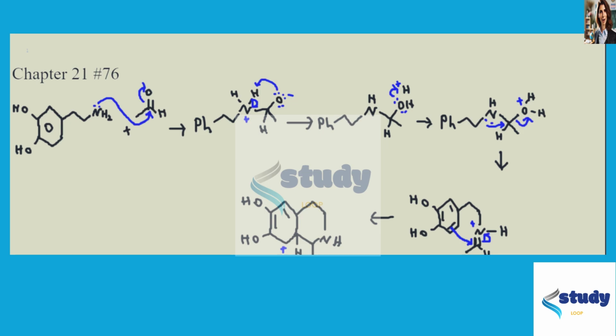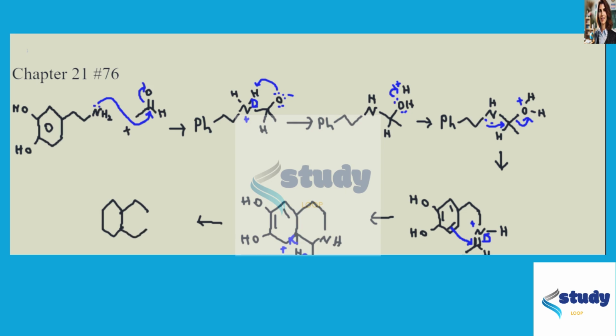And so one of the 2 lone pairs on the oxygen in the water can grab that hydrogen. The electrons of that hydrogen can go to form a new double bond to relieve that carbocation. And that's going to reform the aromaticity in our ring, which is, of course, an important driving force. And so that is going to get us to our final product.